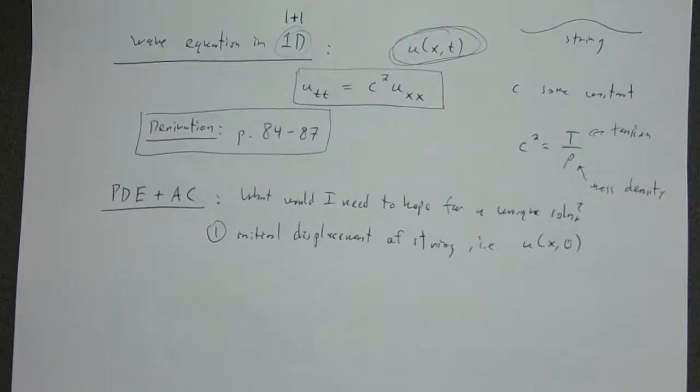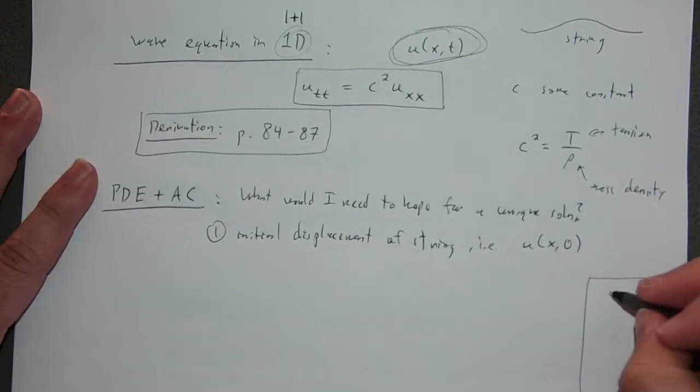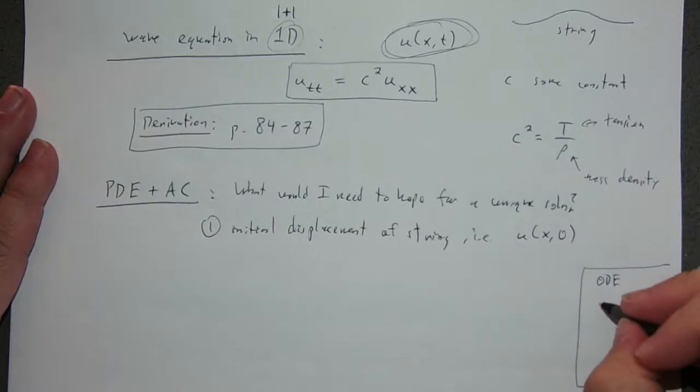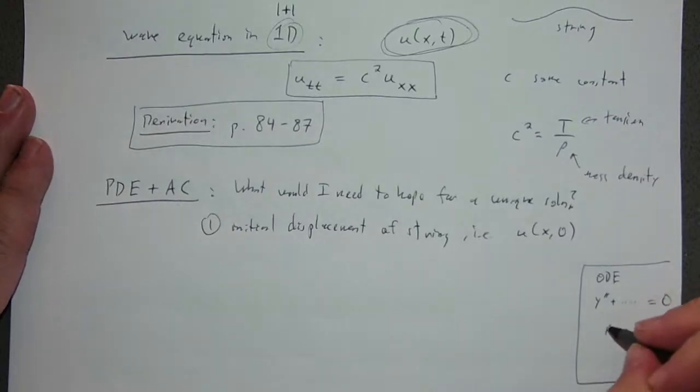You needed an initial condition on the solution itself, the unknown function, and an initial condition on the first derivative of the unknown function. So let's go back to ODE here. If we had a second order equation, what did we need?